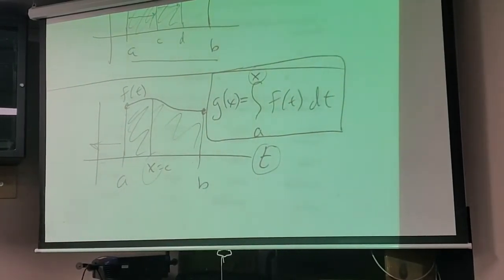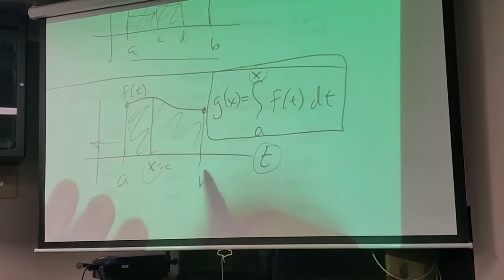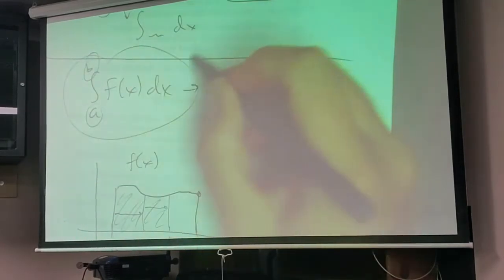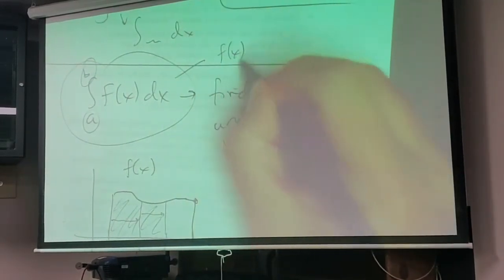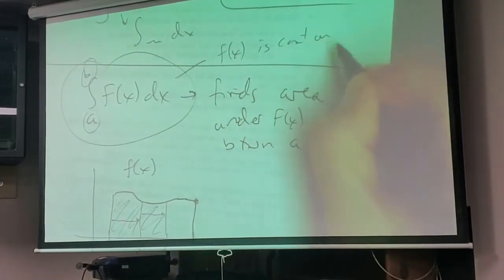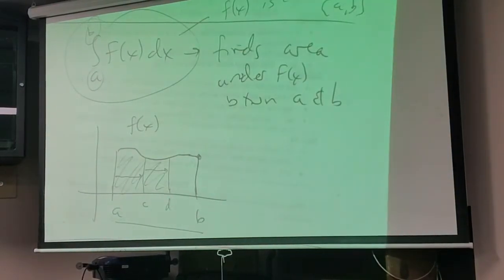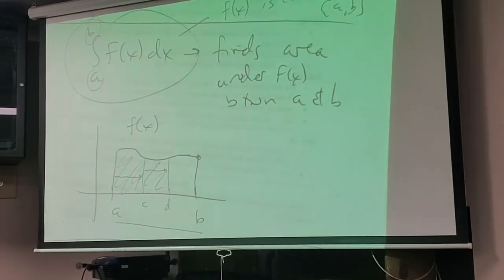But if I want to do that, the reason I'm sticking between a and b at the moment is because I go into it knowing that f of x is continuous on a, b. So as long as my x, a to x, stay with me now, not just continuous, but remember it could be finite jump discontinuities.